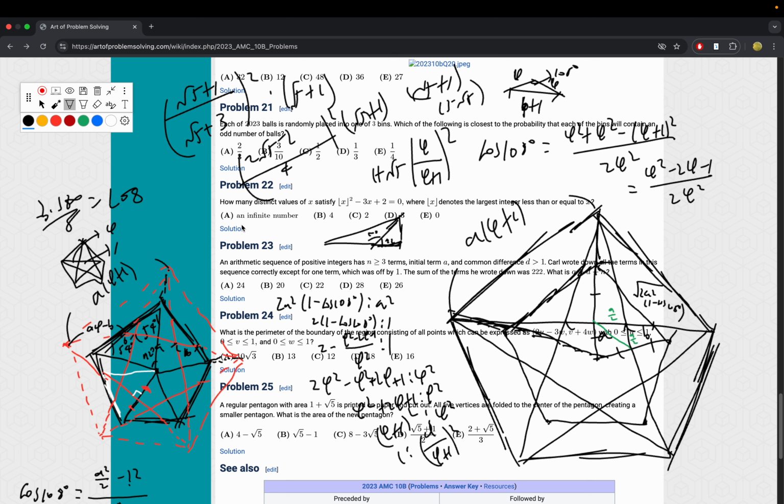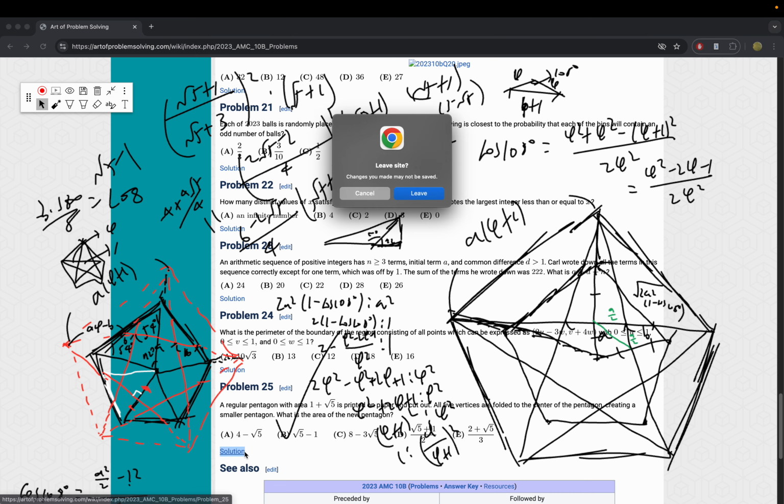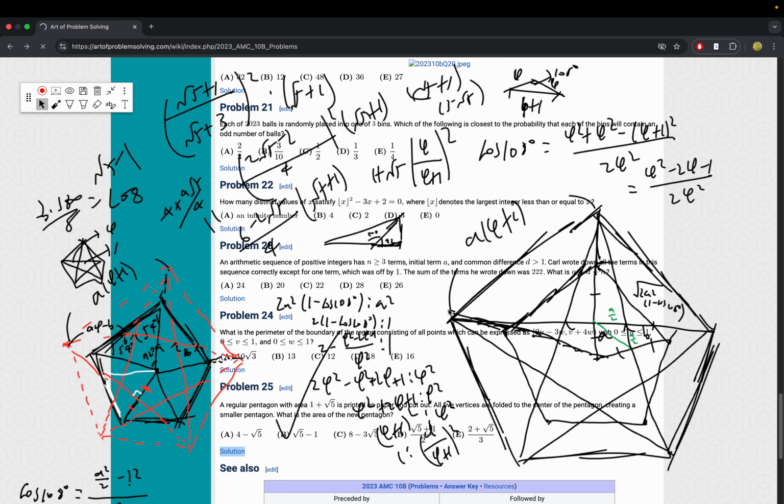I'm sorry, my handwriting is getting worse. What is root 5 minus 1 squared? It is 6 minus 2 root 5 times root 5 plus 1. So this is equal to 10, 20. Oh, 5, 10. Negative 4. Our answer is root 5 minus 1. B. Ah! I'll be so sad if I get it wrong, but I mean, it will not be wrong, I think. I didn't have any mistake.